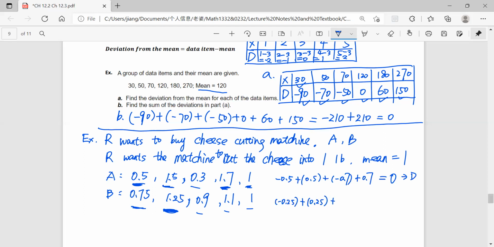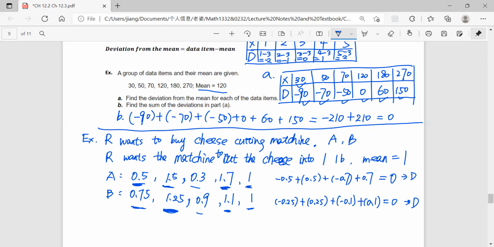And the next data, 0.9 minus 1 is negative 0.1. And then plus this data minus 1 is 0.1. And then 1 minus 1 is 0. So I add them. I also have the deviation 0. So from the data, I can't decide which one to buy because they have the same deviation, same mean.